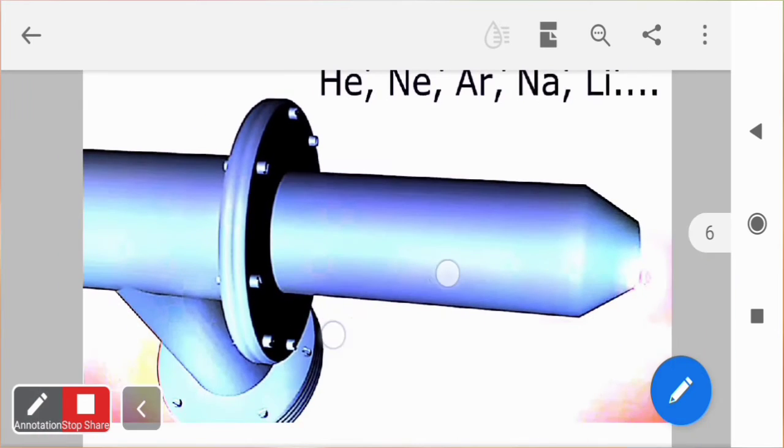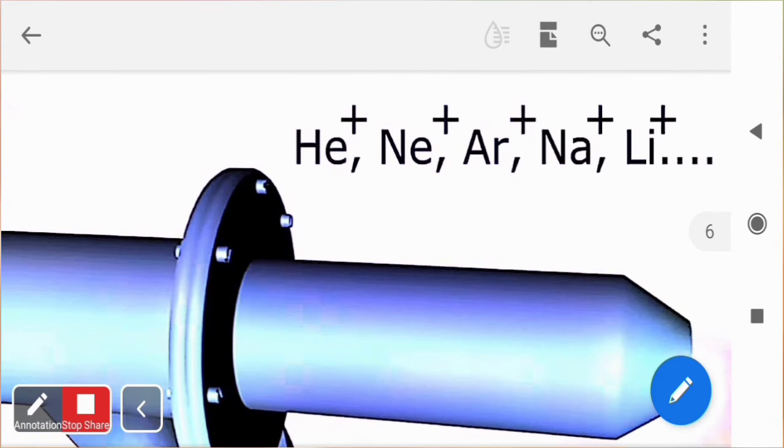Generally this ion source is nothing but our electron gun. It consists of certain inert gases like helium, neon, argon, along with some alkali metals in positive state, cationic form.